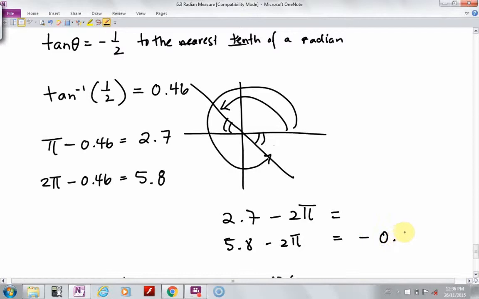Negative 0.46, so negative 0.5. And what's 2.7 minus 2 pi? Negative though? I don't think it would be. 2.7 minus 2 pi.